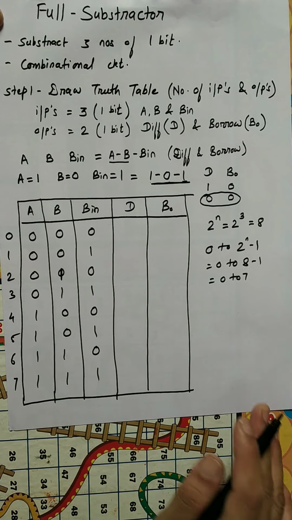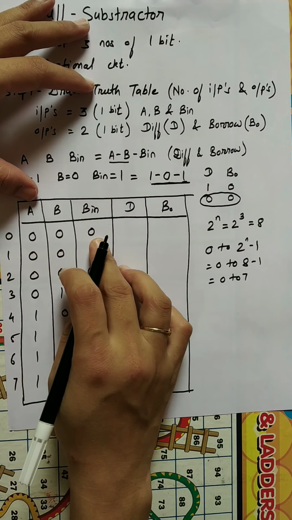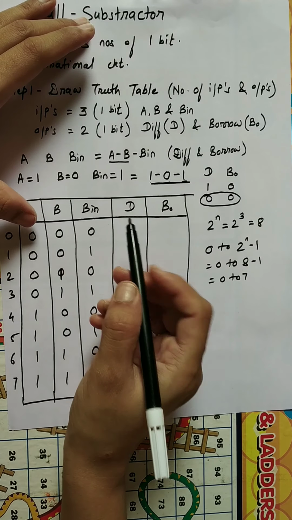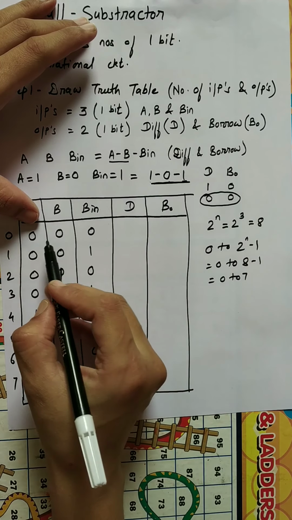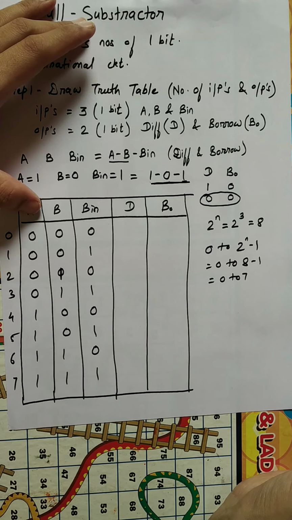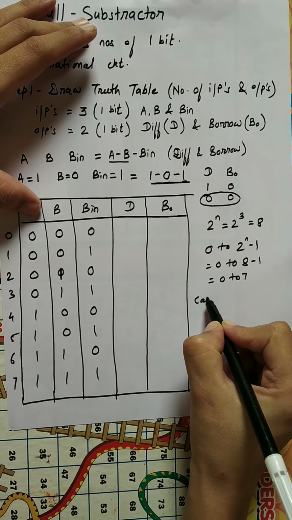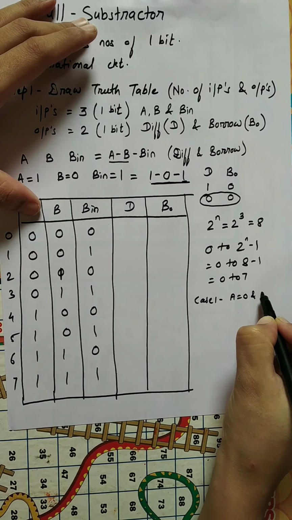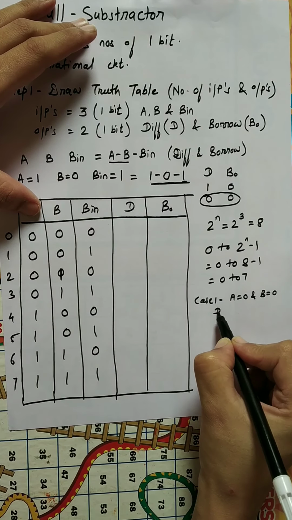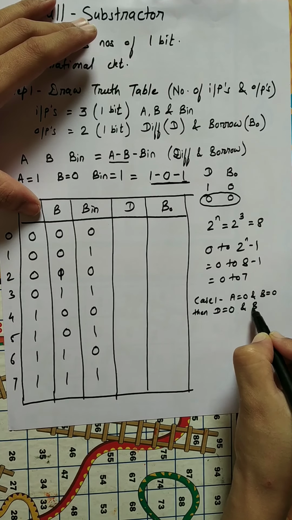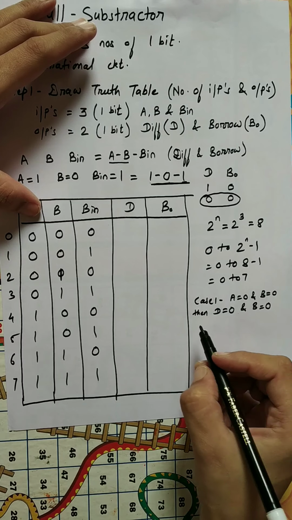Now I have to calculate difference and borrow for A minus B minus B in. There are cases. Case 1: if A equal to 0, B equal to 0 and B in equal to 0, then difference will be 0 and borrow will also be 0.